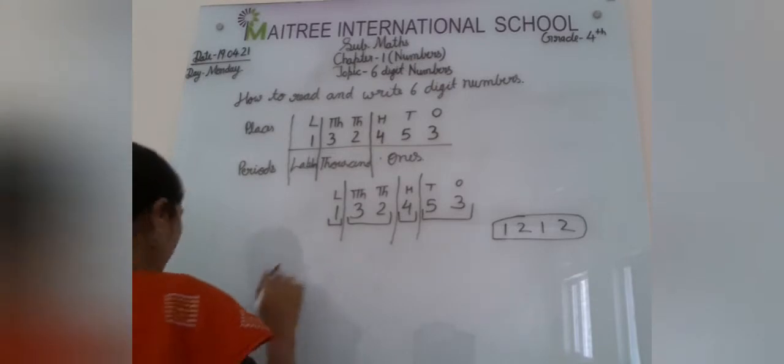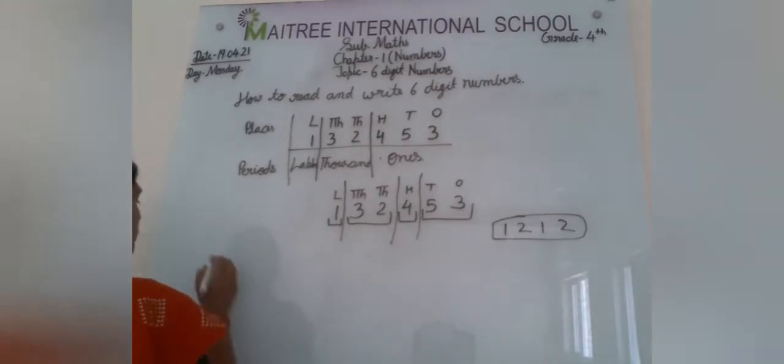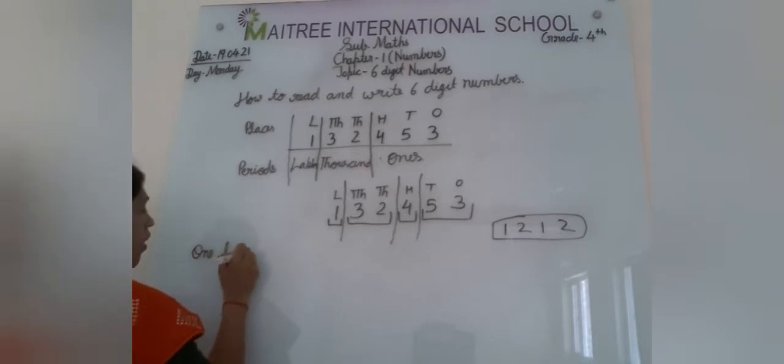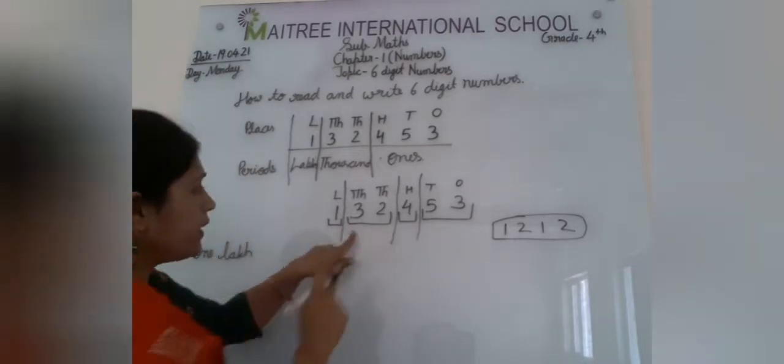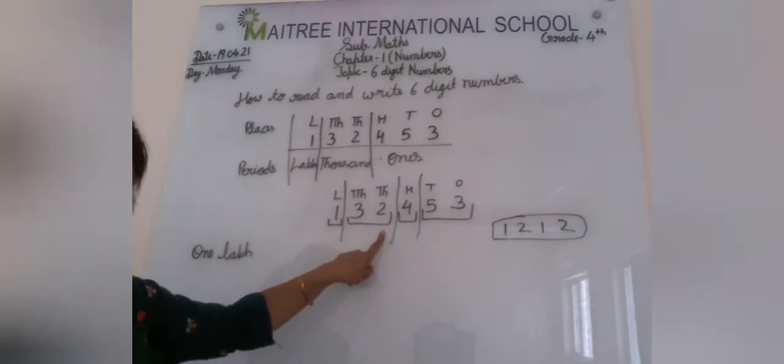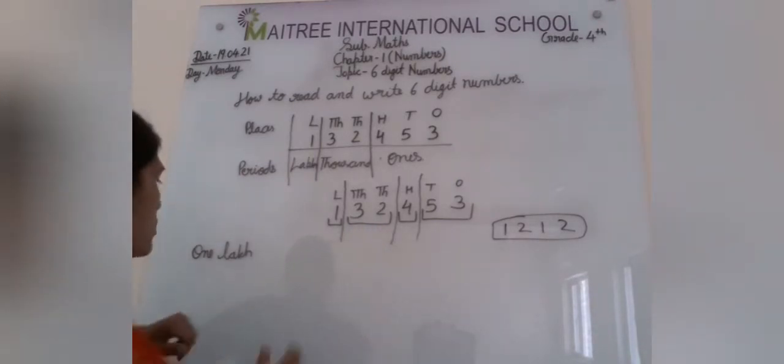1 lakh, I am writing the number name here. 1 lakh. Now we'll read these two numbers together: 32,000. Okay, 32,000.